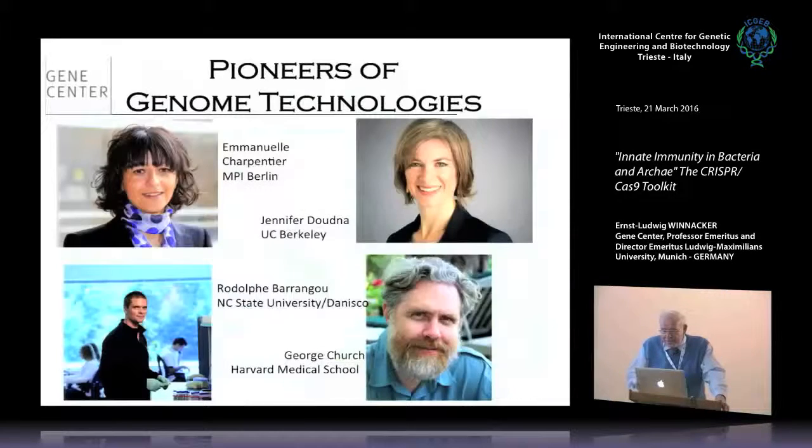And these are the photos of these people. Charpentier, here on the left. She's now in Berlin, at the Max Planck. Doudna in Berkeley. And this is Rodolphe Barrangou, now at, not NYU, but North Carolina University, sorry, and before that at Danisco.